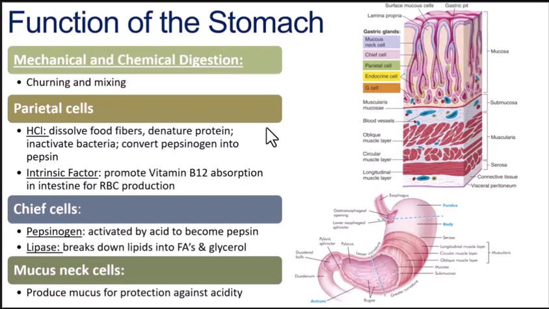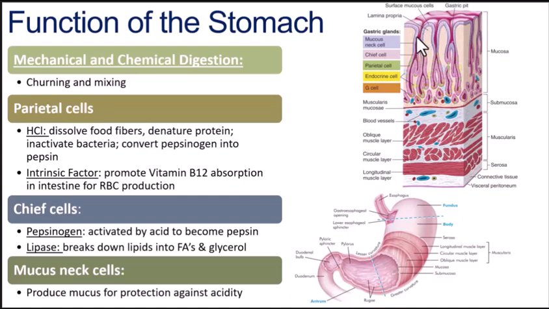Now, within the mucosal layer of the stomach, we have what are called gastric pits. This would be the lumen here again. Here's your mucosa. We have these pits within the mucosa, and gastric means stomach, so they get the name gastric pits. These depressions within the epithelial lining contain, toward the bottom of them, gastric glands.